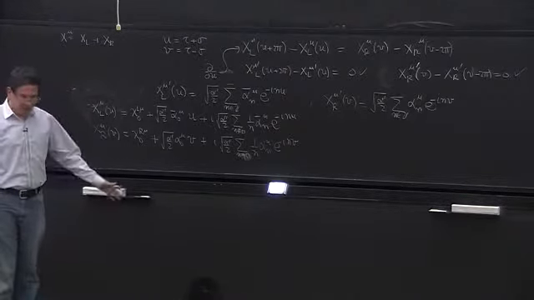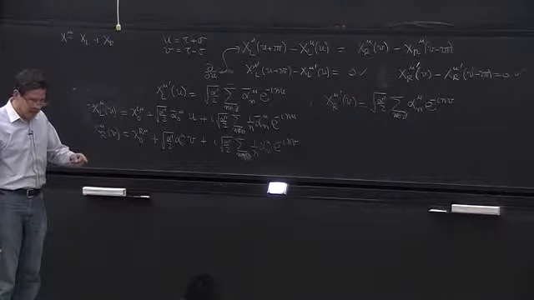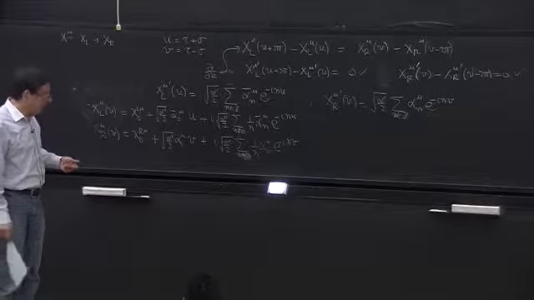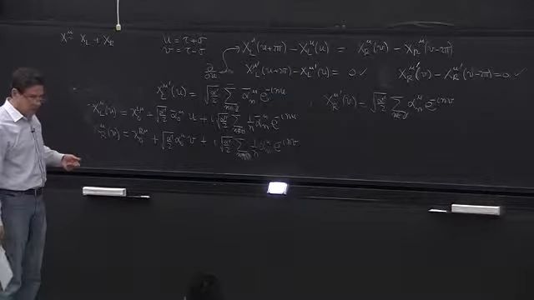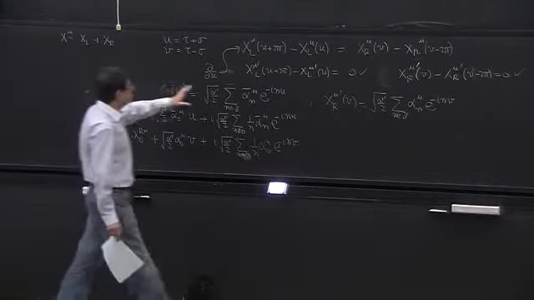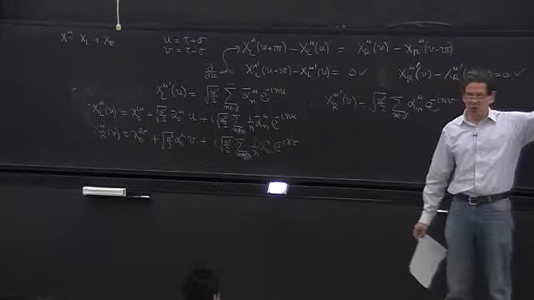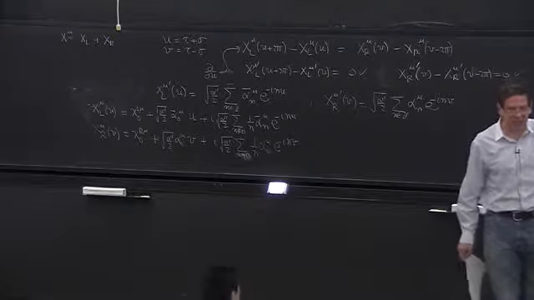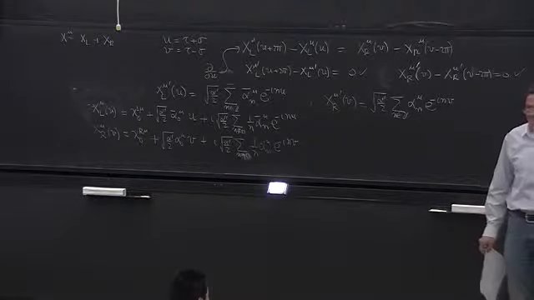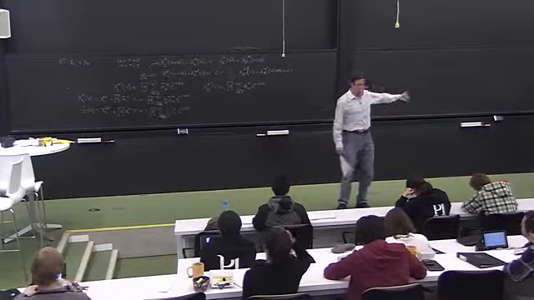Okay, now, yes? I'm sorry, could you repeat what that alpha n bar is? What is the connection between alpha and alpha bar? There's no connection between alpha n bar and alpha n. They're independent. They're not the complex conjugates of each other, nor the Hermitian conjugates, nor anything. Totally independent.